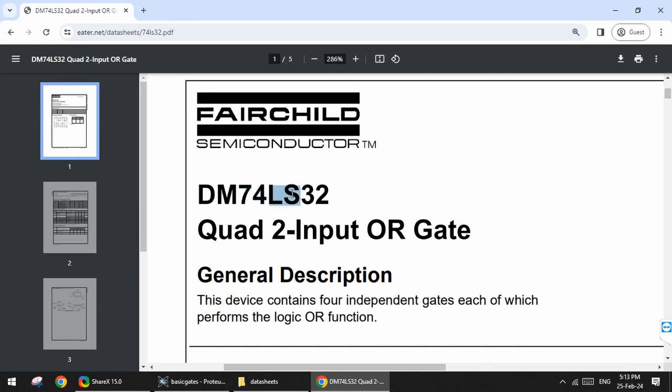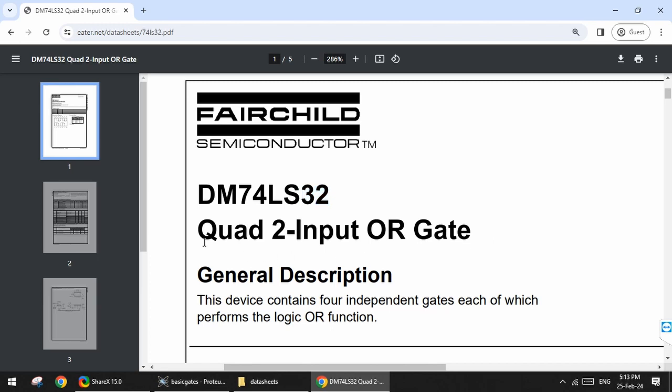LS is low power Schottky diode, which is a diode technology that is used in manufacturing of these ICs. We don't need to go into details of low power Schottky and its characteristics. And the 32 is the identifier for 2 input OR gates.